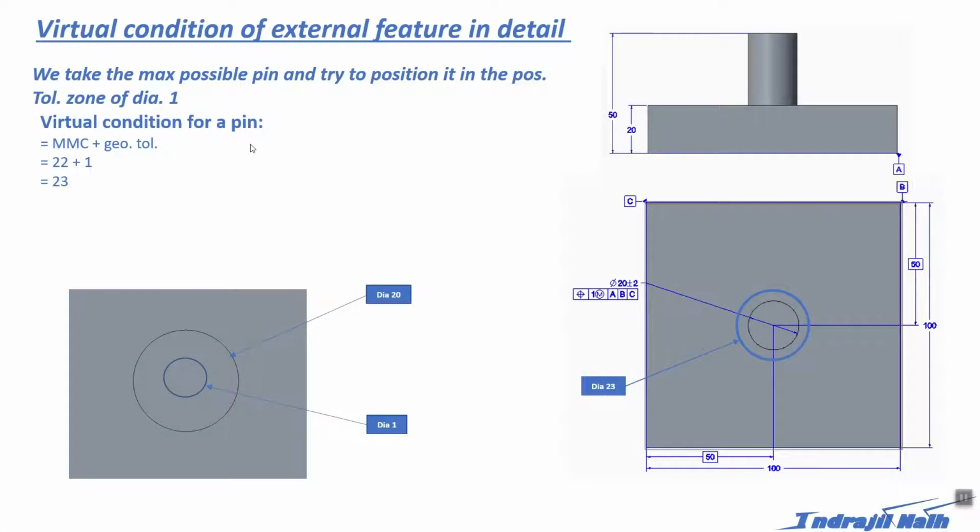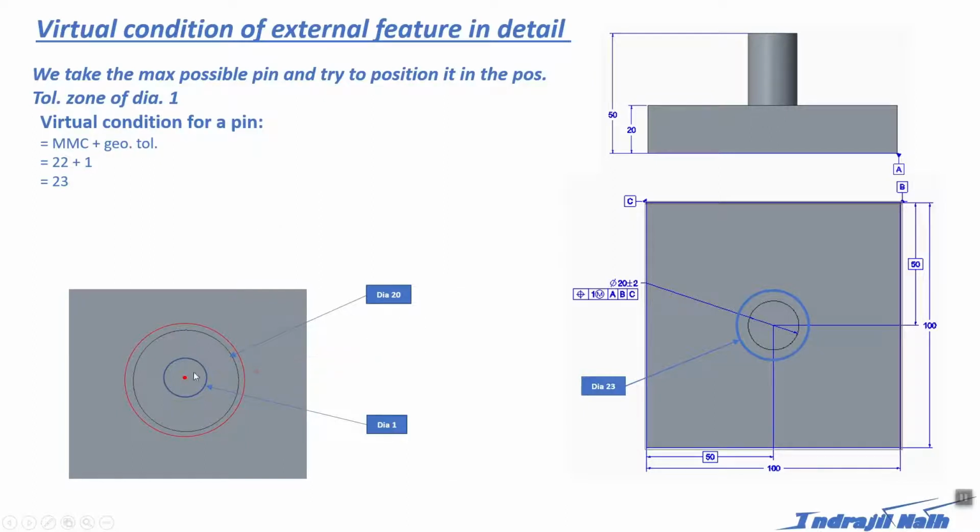Let's take an example of the virtual condition in detail. We take the maximum possible pin and try to position it in the position tolerance of diameter 1. You can see the position tolerance of diameter 1. This is the diameter and virtual condition for the pin. The maximum diameter possible is 22, shown in red color.